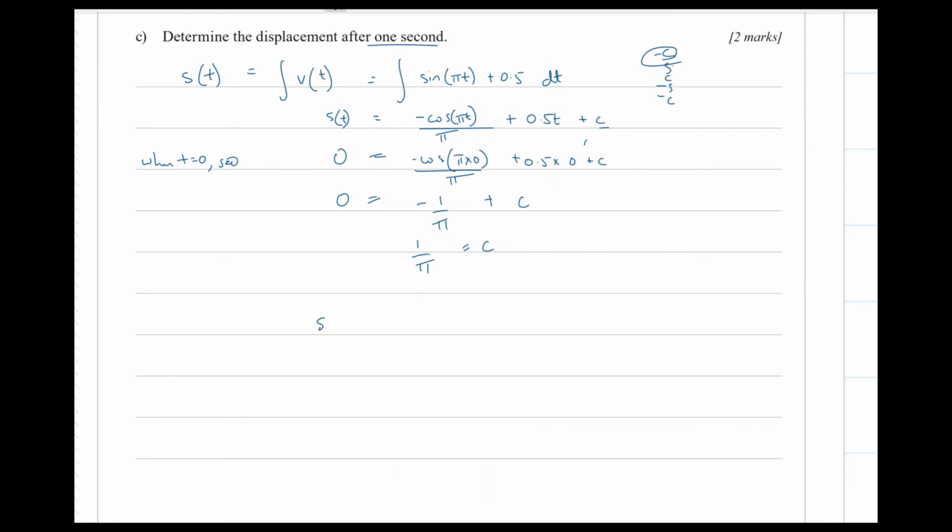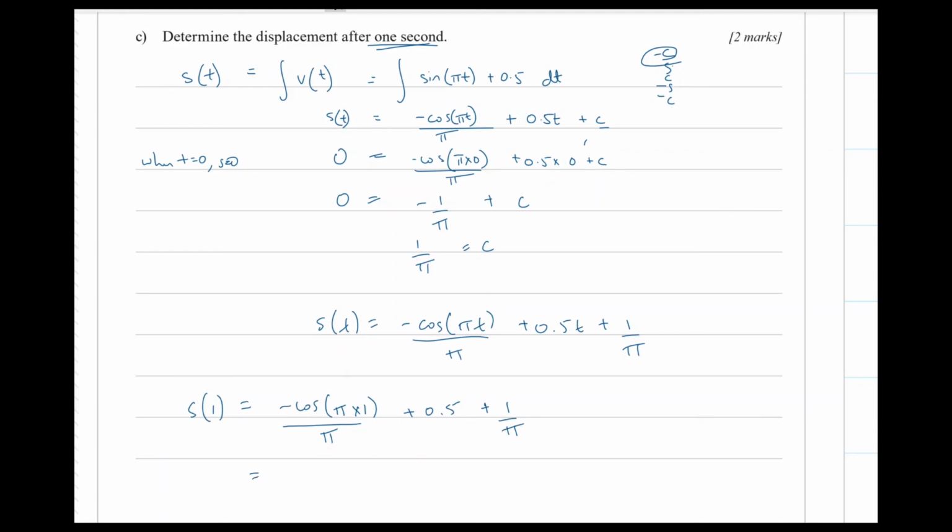So now we have our displacement equation, which is negative cos pi t divided by pi plus 0.5 t plus 1 on pi. And we want to find the displacement after 1 second. So S(1) equals negative cos pi times 1 all over pi plus 0.5 times 1, which is 0.5, plus 1 on pi.